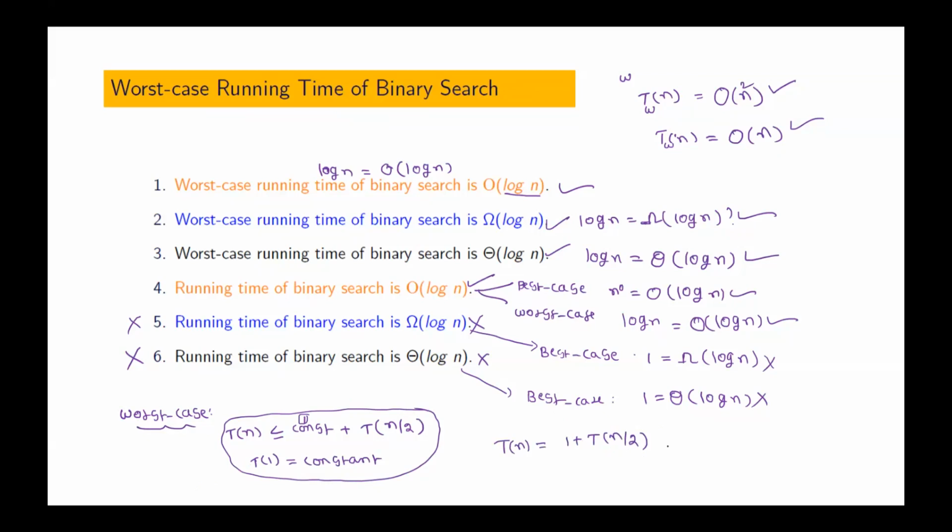But exactly, if you want to write, we can only write T of n is less than or equal to T of ceiling of n by 2 plus 1. In the exams, they give recurrences in different forms, but all of them mean the same.